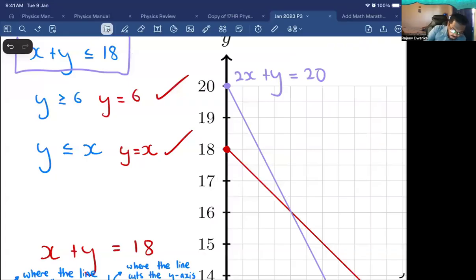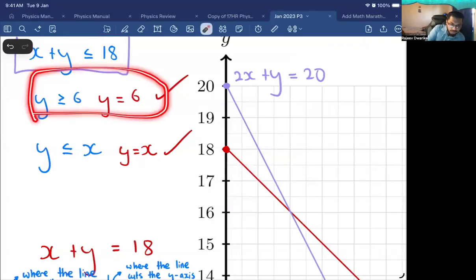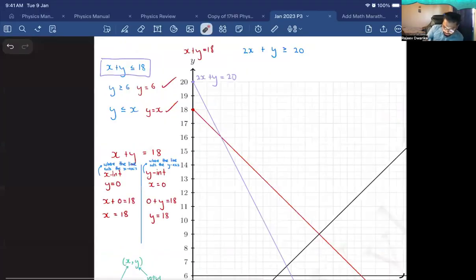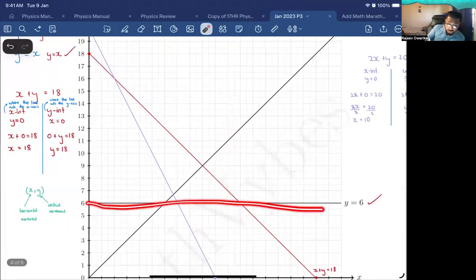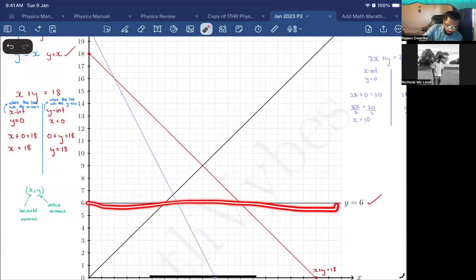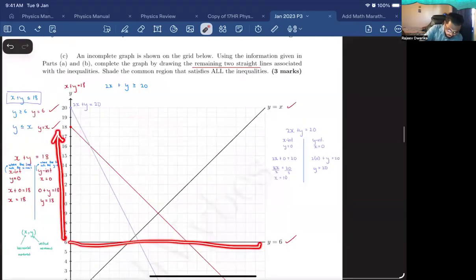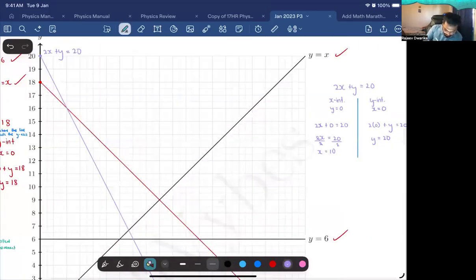If I start off at this point, y is more than or equal to 6. Can we see that this line represents y is equal to 6? So if it's more than or equal to, can we agree that that would be everything above 6? Yes, sir. Okay, so I'm just going to shade the common regions and you'll see where there's an intersection.